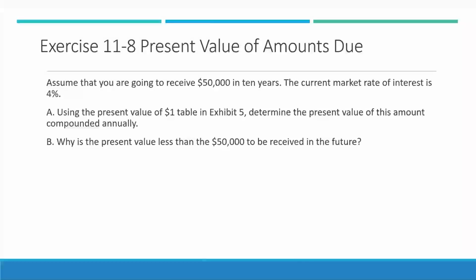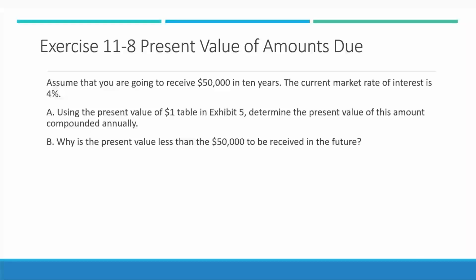And we can also calculate the present value of the amounts that are due. And so assuming that we're going to receive $10,000 in 10 years, and the market rate of interest is 4%, what is the present value of this amount compounded annually?